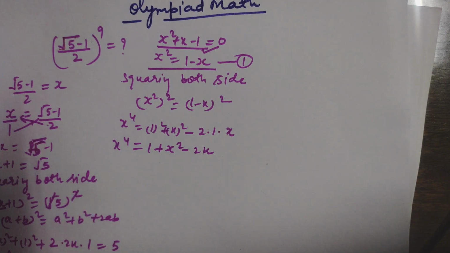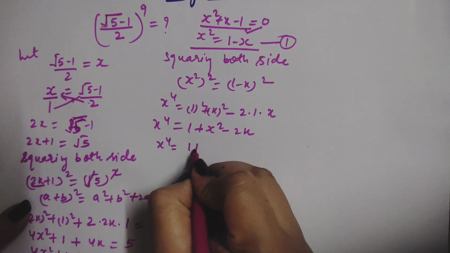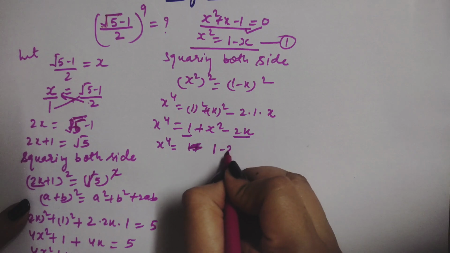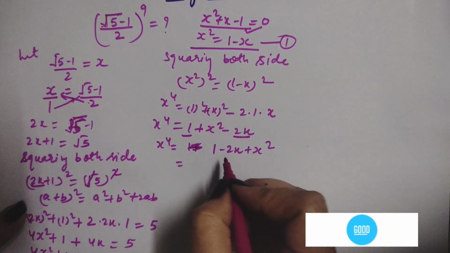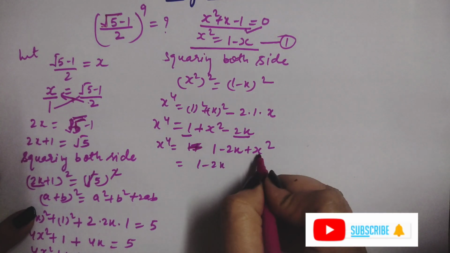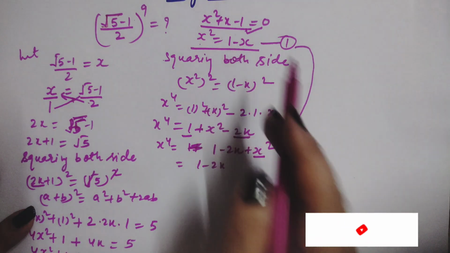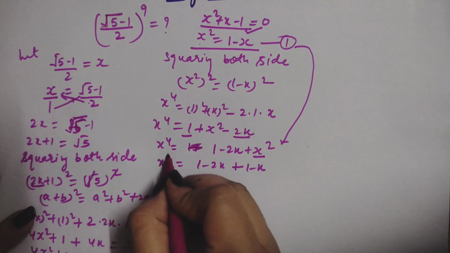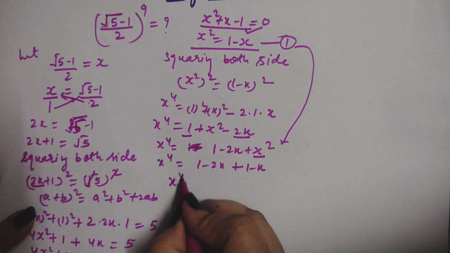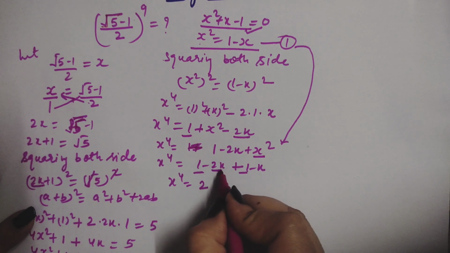We will write the x power 4, 1 and minus 2x first, and this x square at the end, because we will put the value of x square from equation number 1 here. The x square value is 1 minus x.